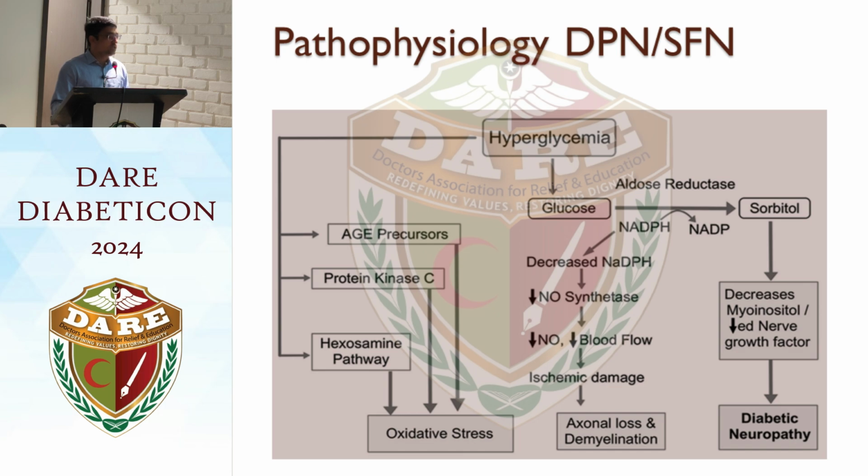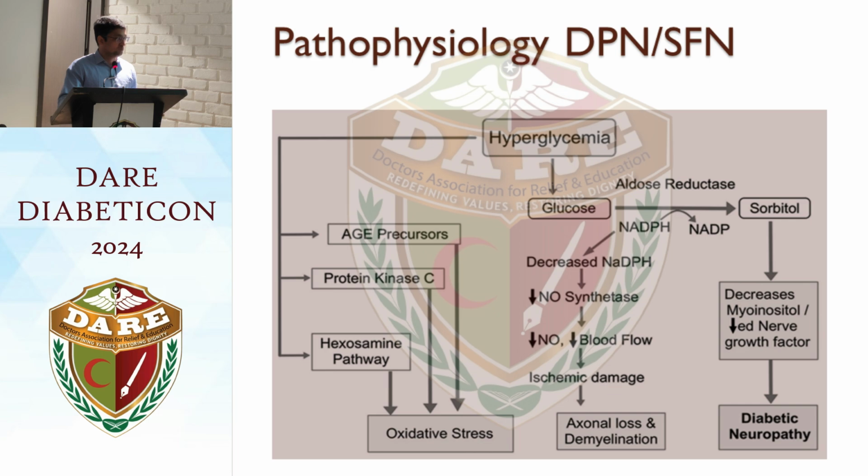Apart from that, the activation of protein kinase C and hexosamine pathway will eventually lead to oxidative stress. Whenever there is more glucose, that gets converted into sorbitol, which in turn uses NADPH, because of which there will be deficiency of NADPH, which eventually leads to reduced production of nitric oxide, and that causes ischemia of the peripheral nerve. So the first pathophysiology is oxidative stress.